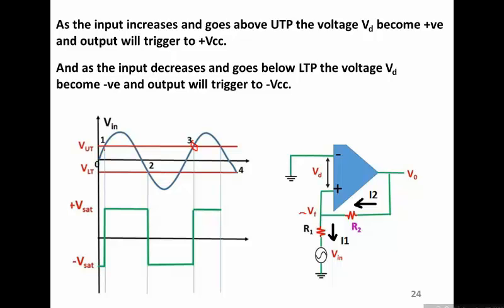As this trigger point is crossed, the output becomes plus VCC, and it stays at plus VCC until the input crosses the lower trigger point. At this point the output changes and becomes negative, and it would again change from negative to positive at the upper trigger point.